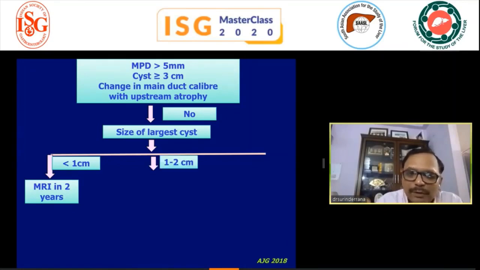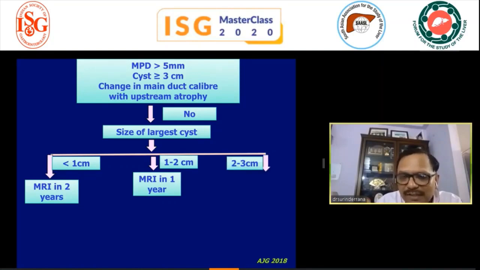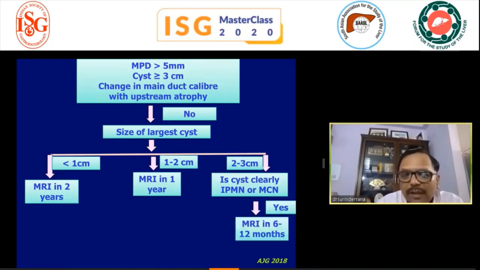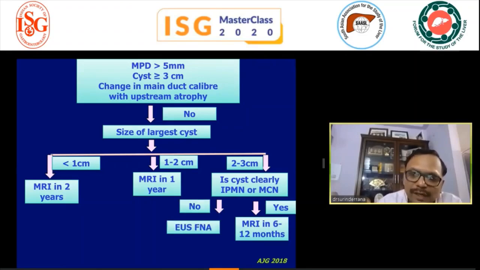If the size is between 1 to 2 centimeter, you do MR after 1 year, again look for change in size. And if the size is between 2 to 3 centimeter, how confident are you that it is clearly IPMN or MCN? That means that you should not be missing a cystic NET or a cystic SPEN. So if this is present, then you do an EUS FNA. If you're clear that it is IPMN or MCN, then you do MRI 6 to 12 months later again to look for the change in the size.